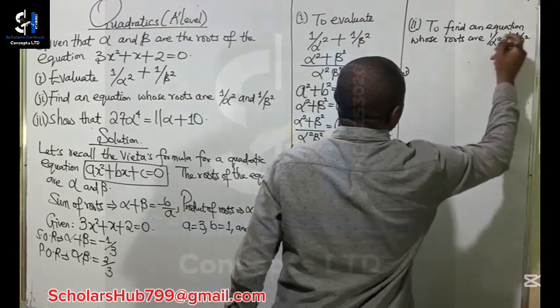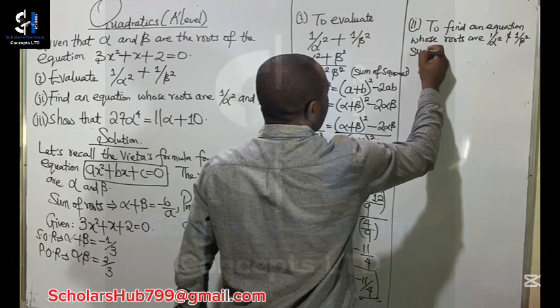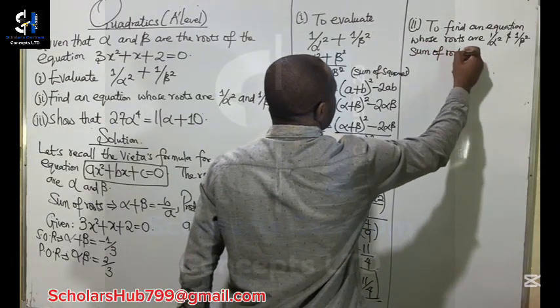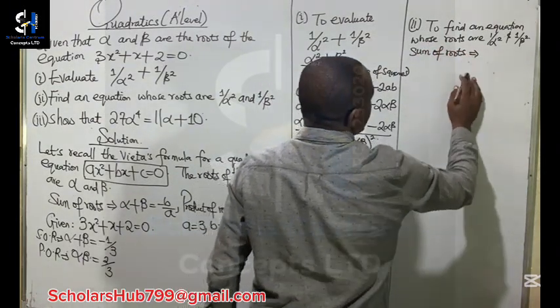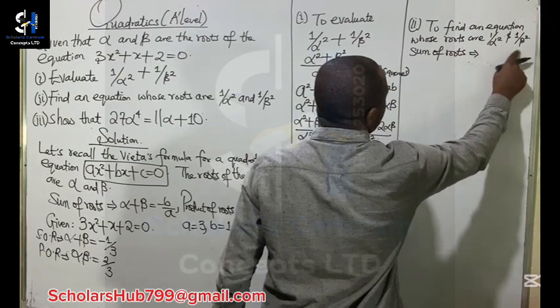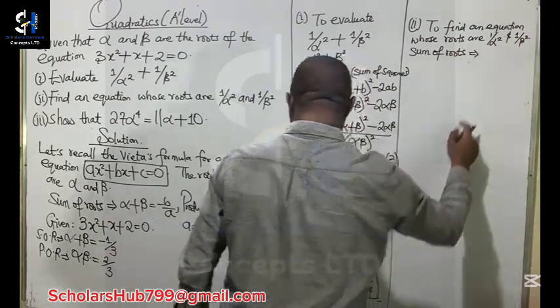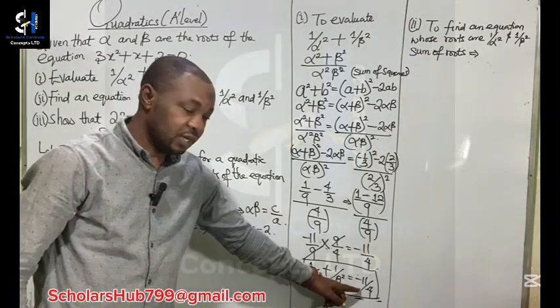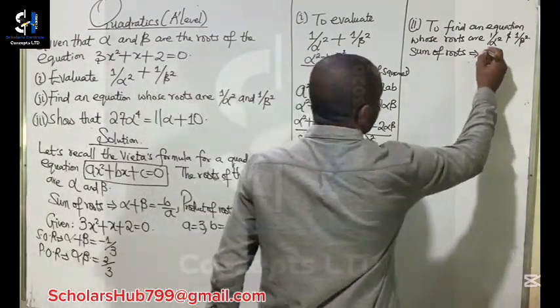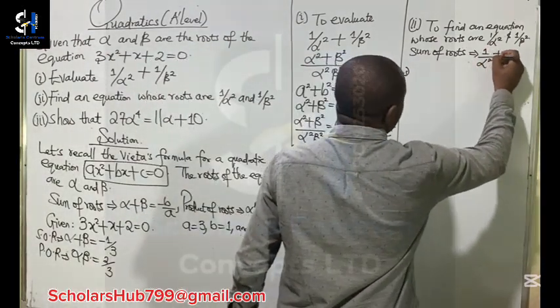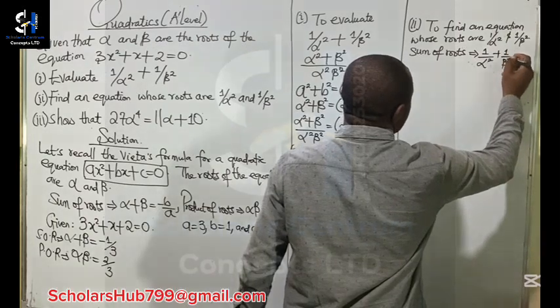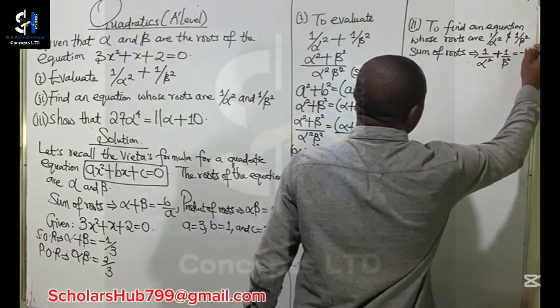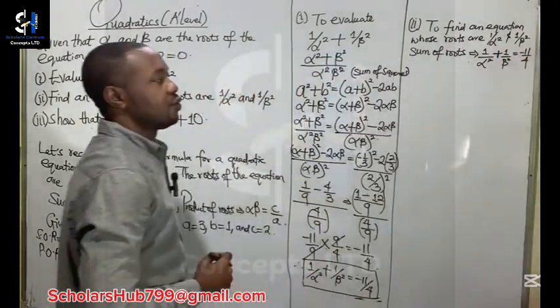Now we know that the sum of roots, which is the sum of 1 over alpha square plus 1 over beta square, is what we have here as -11 over 4.